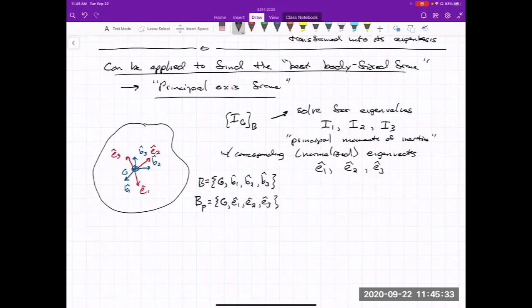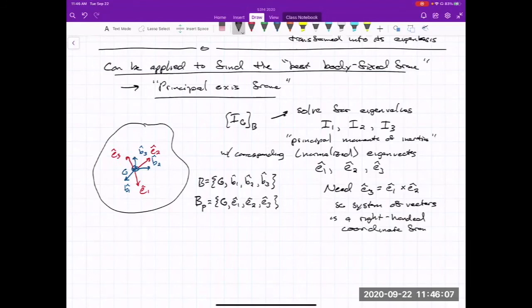You need to be careful. You need to check that E1, E2, and E3 obey the right-hand rule. So you might have to rearrange the order of your unit vectors. You need that E3 equals E1 cross E2, so the system of vectors is a right-handed coordinate frame.